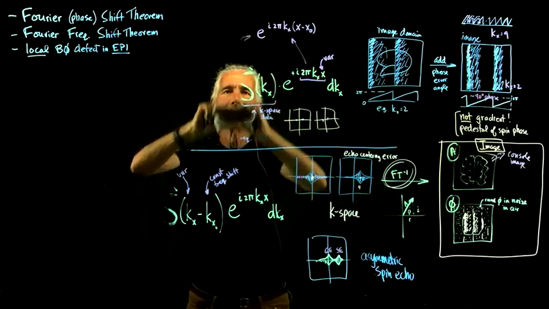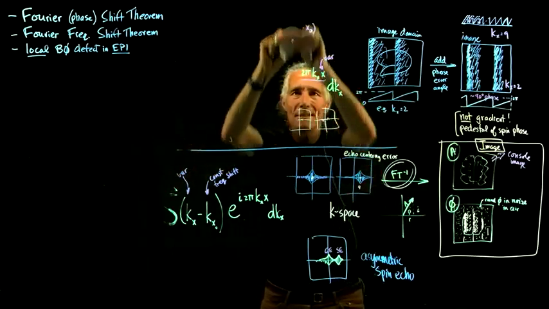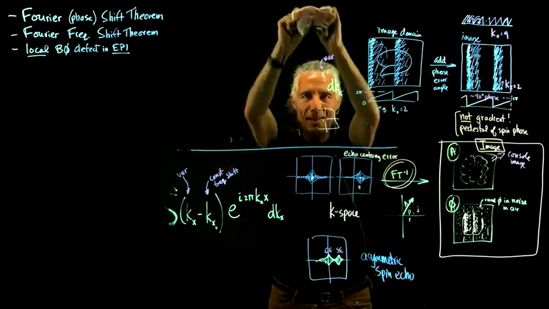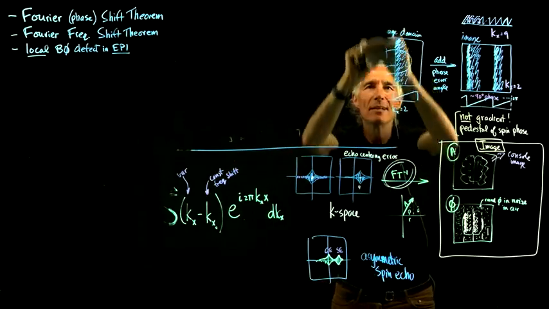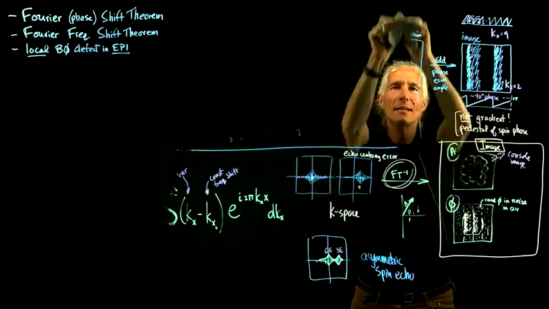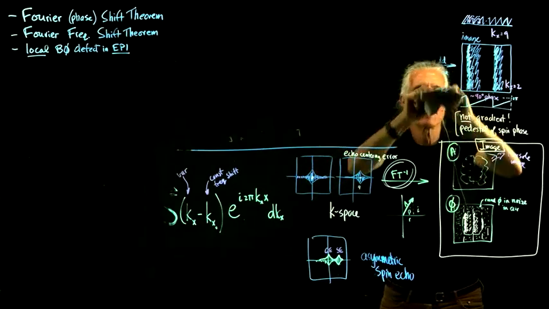So how does this work? At first you would think, and I did too, that it must be the Fourier shift theorem, because if you mess with the phase, it's going to cause a spatial shift in the image.